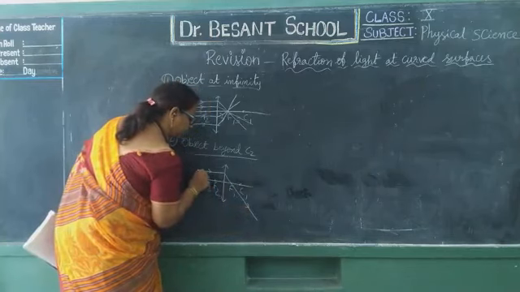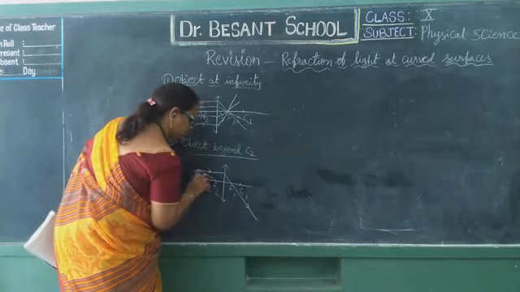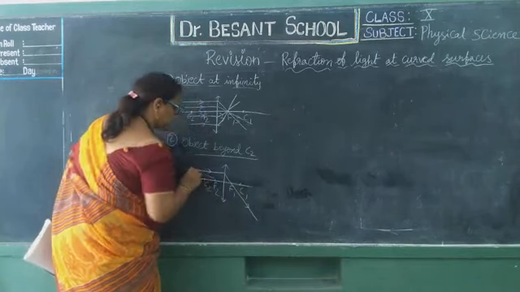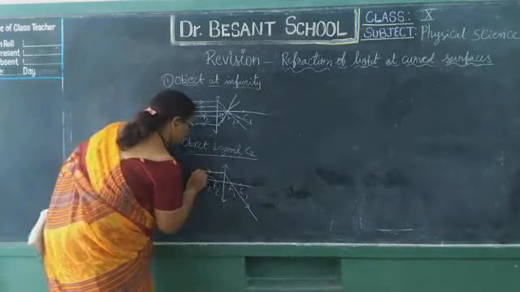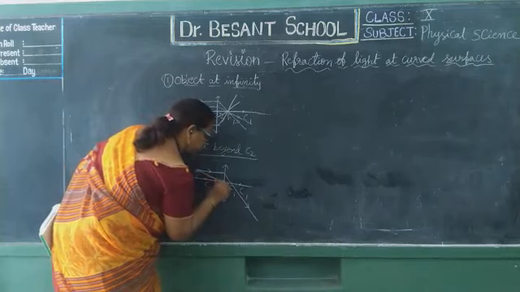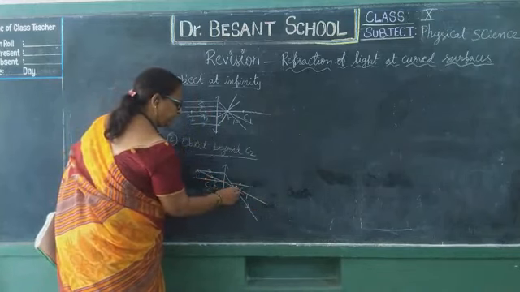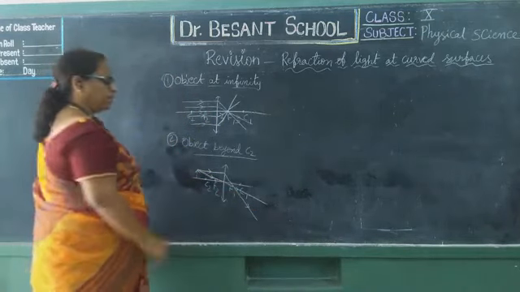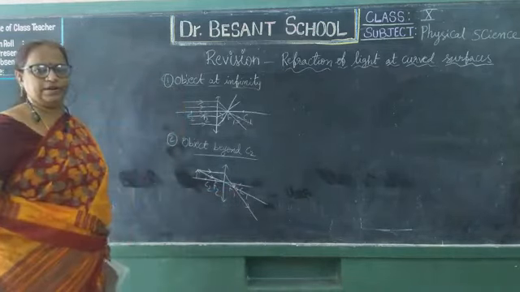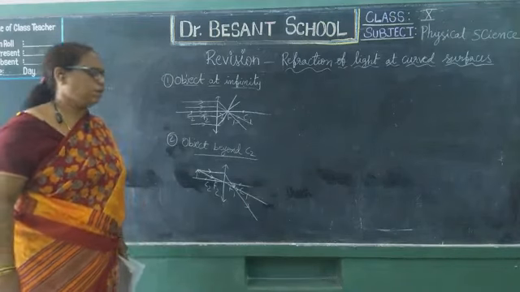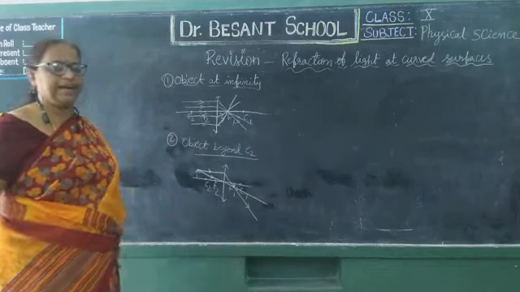Another one passing through the optic center without any deviation in its path. So where are you getting the image? The image is formed between C1 and F1. So a real image is formed. Okay, a real, inverted and diminished image is formed between F1 and C1.